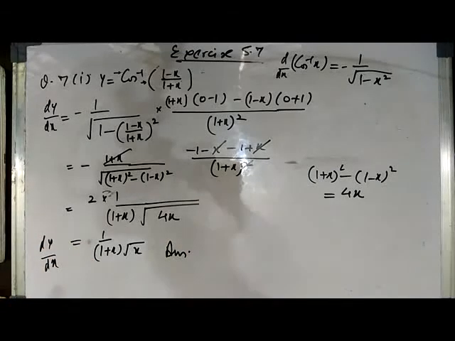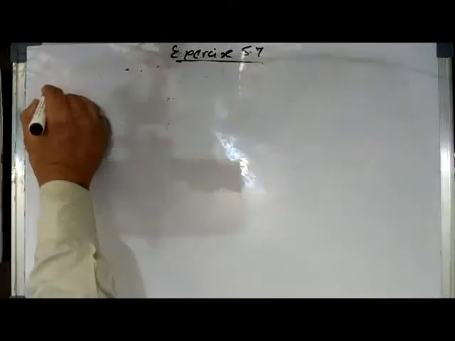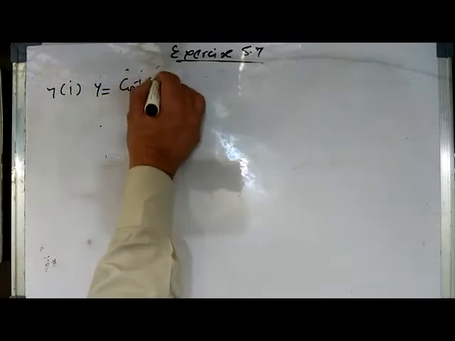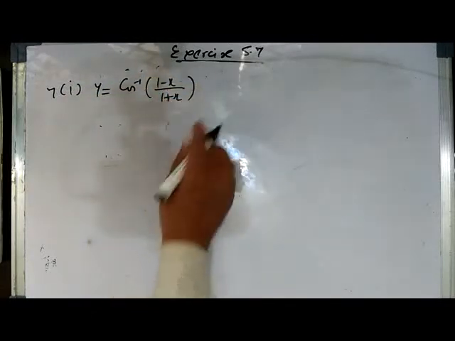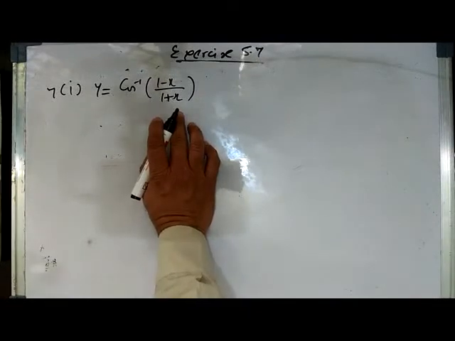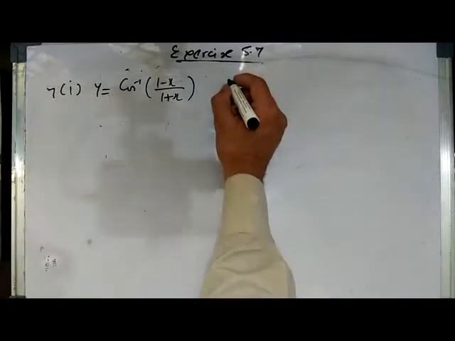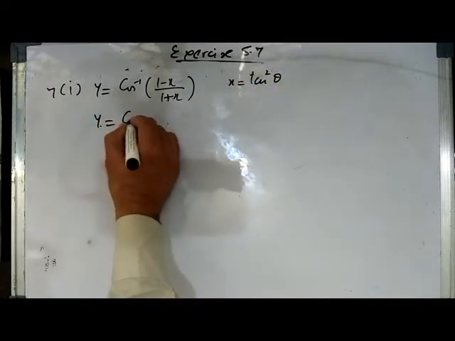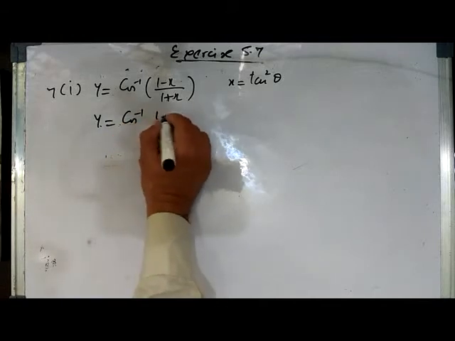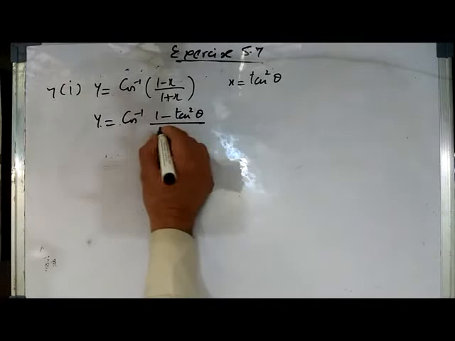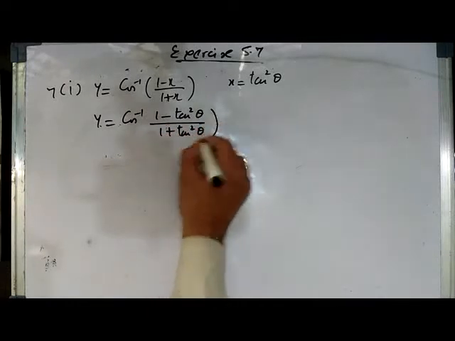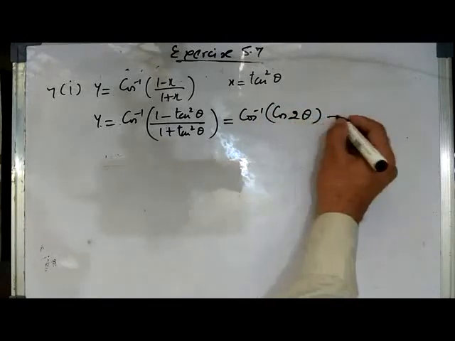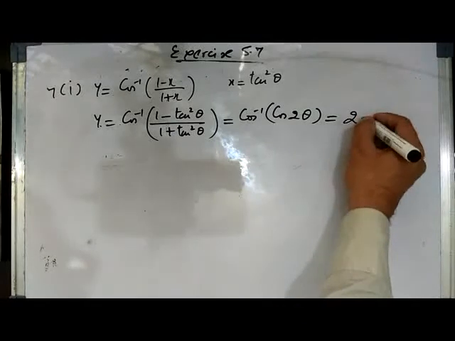Another way I will be telling you. So I was telling another method of question number 7, first part, for y equals cos inverse of (1 minus x) upon (1 plus x). You can use trigonometric transformation as we have discussed in the chapter of inverse trigonometric functions, where you can put x as tan square theta. So y equals cos inverse of (1 minus tan square theta) upon (1 plus tan square theta), which is cos inverse cos 2 theta, and since they neutralize each other, it becomes 2 theta.